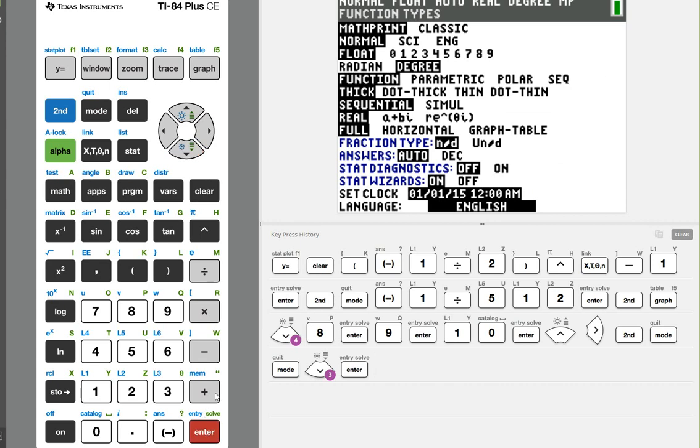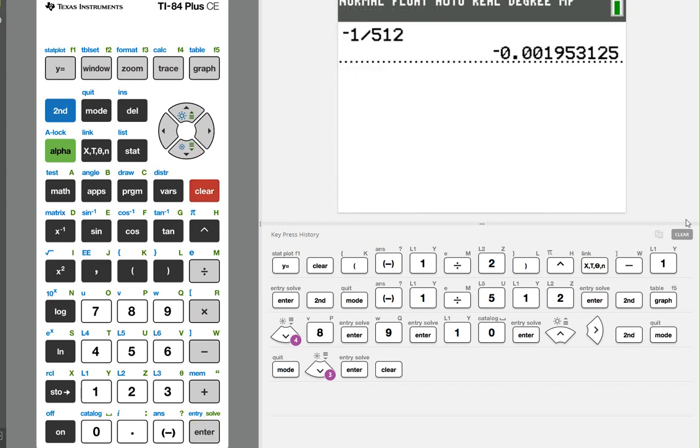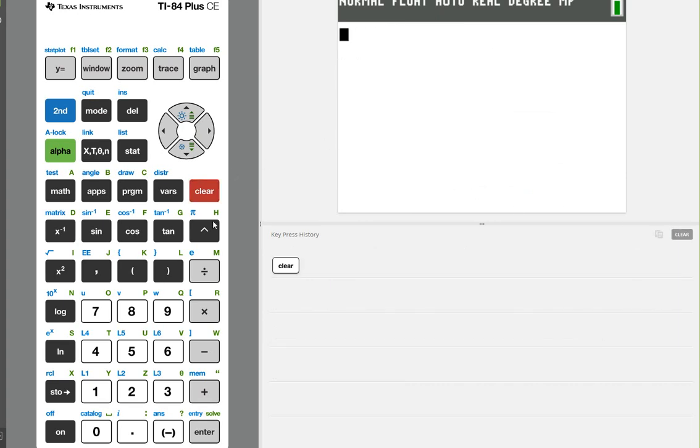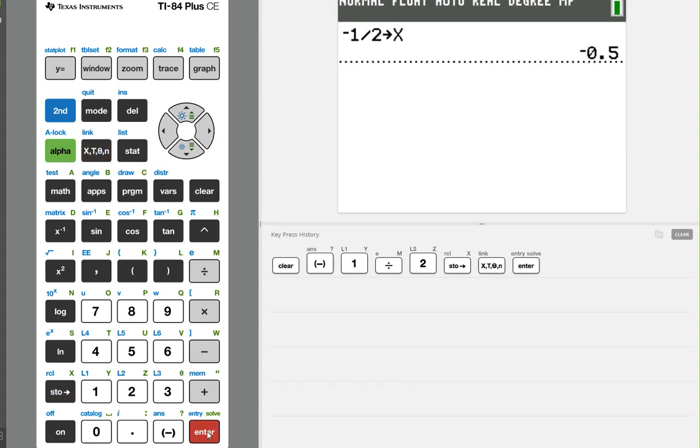So I want it in that mode. Let's clear that, clear this. So the trick that I would give you is you're going to take -1/2, -1 divided by 2, and store it in x. So that's where we're going to start.